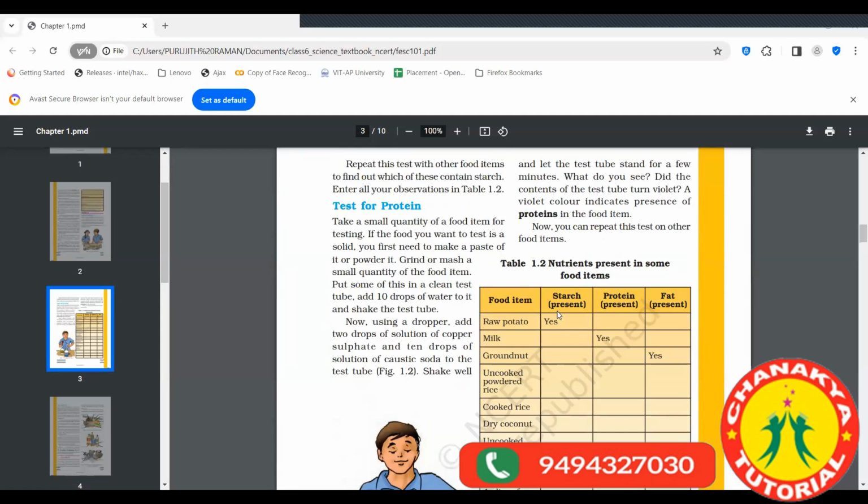Then 10 drops of sodium hydroxide, also called caustic soda. Both are the same. Caustic soda and sodium hydroxide are the same.